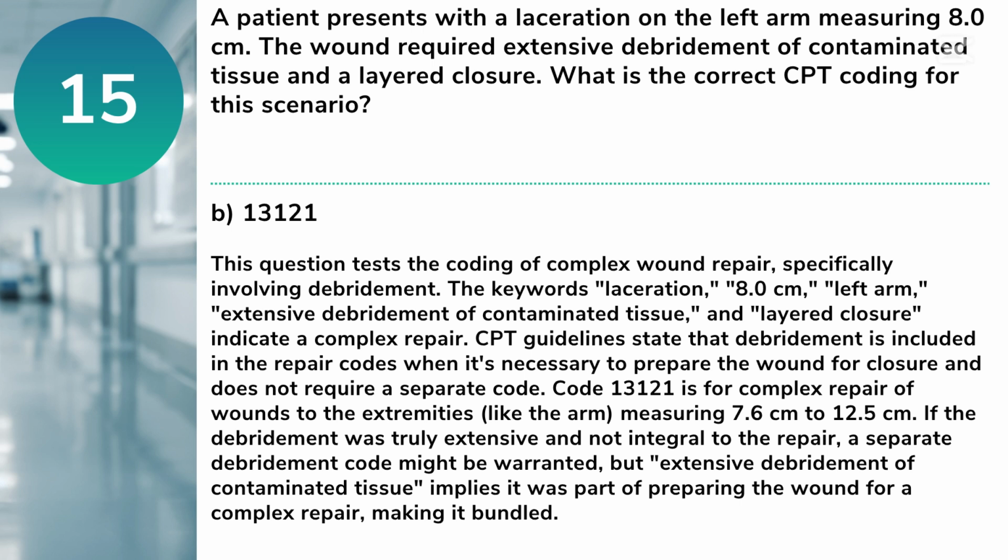Code 13121 is for complex repair of wounds to the extremities, like the arm, measuring 7.6 centimeters to 12.5 centimeters. If the debridement was truly extensive and not integral to the repair, a separate debridement code might be warranted, but extensive debridement of contaminated tissue implies it was part of preparing the wound for a complex repair, making it bundled.